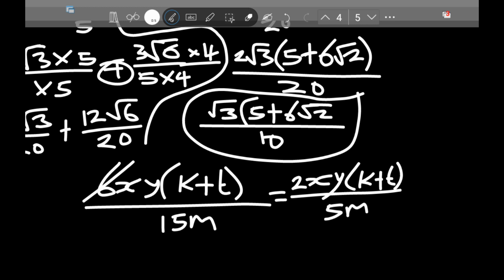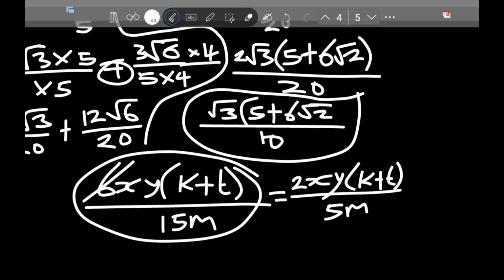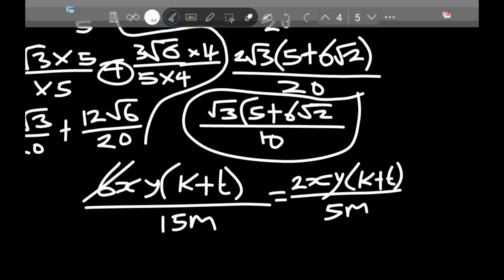5m. So this is the final answer, because you need to reduce the fraction over here to the lowest term, to this lower expression. So the answer is 2xy bracket k plus t, because this will be reduced by the highest common factor of 6 and 15. So that is it.